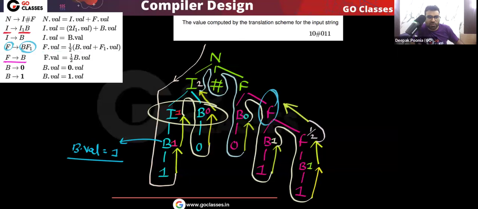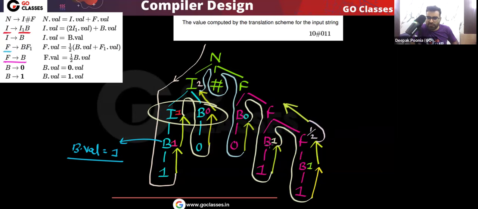So here what will this f dot value become? Remember f is the head; this f1 is this, and this f is the head. So f dot value will become half of b dot value plus f1 dot value. You can see here b dot value is 1, because this bf is reducing to f.